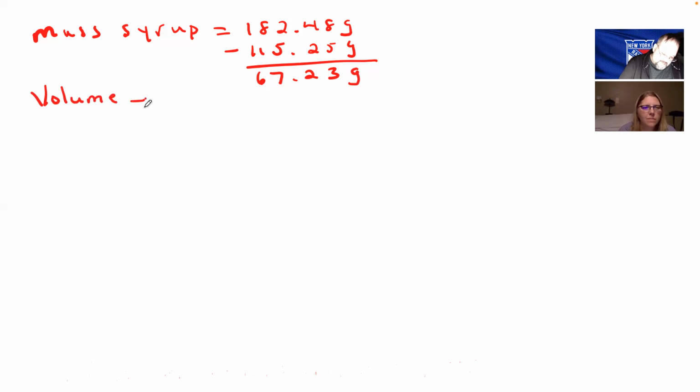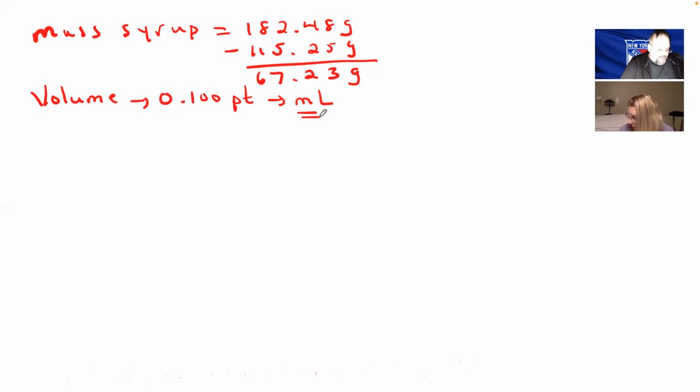All right. So now the volume. The volume here, they tell us, is 0.100 pints. But in terms of the final density, they want the density in milliliters. So in this case, we're forced to convert pints into milliliters.